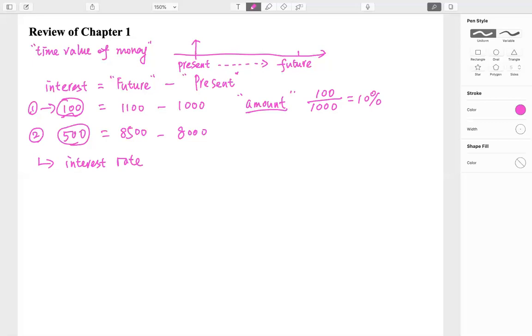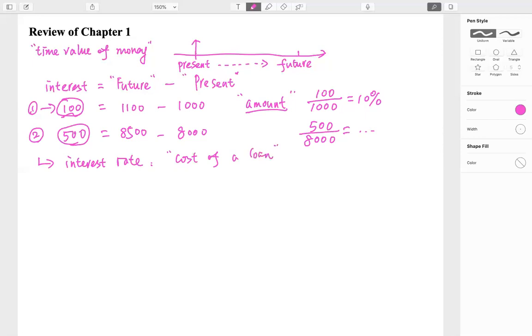In the second case, the amount is 500 and the original size is 8,000. You can do the calculation, right? It's obviously less than 10%. So you are getting a better deal from the second loan. Okay, that motivates us to study the interest rate rather than interest itself in pretty much all applications.